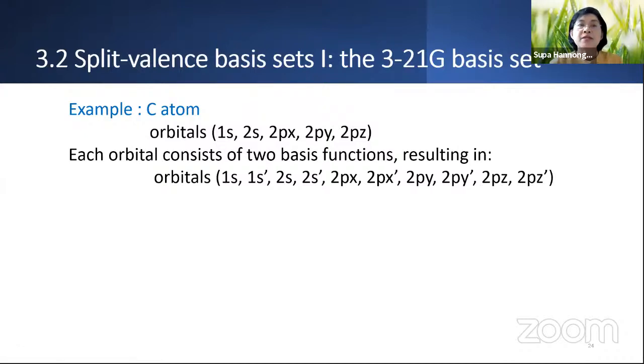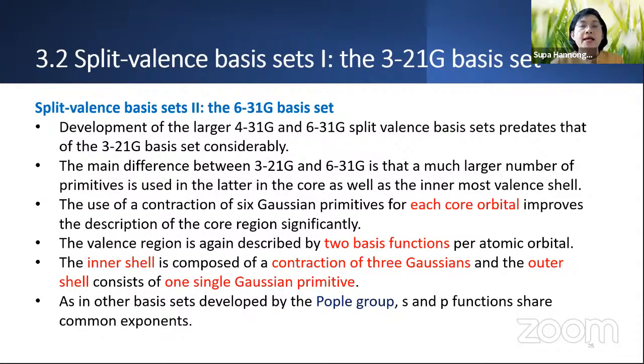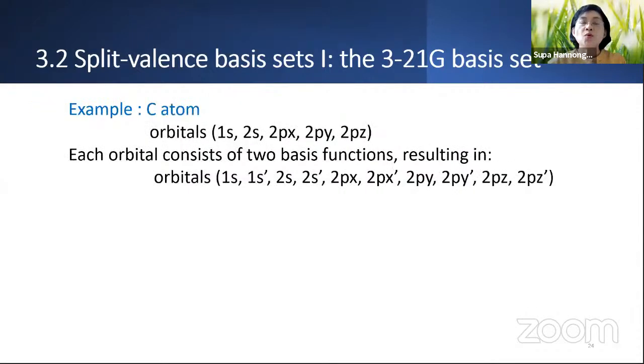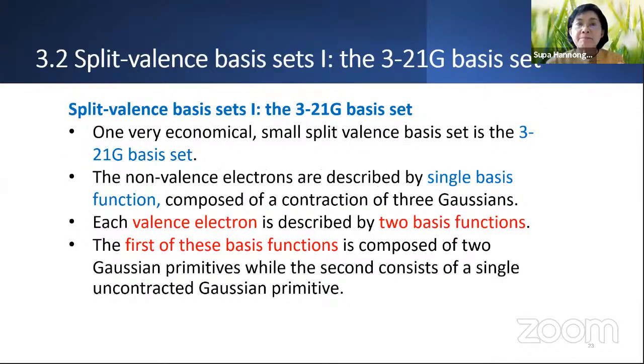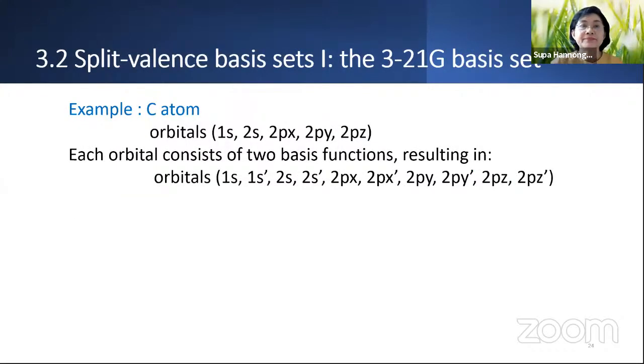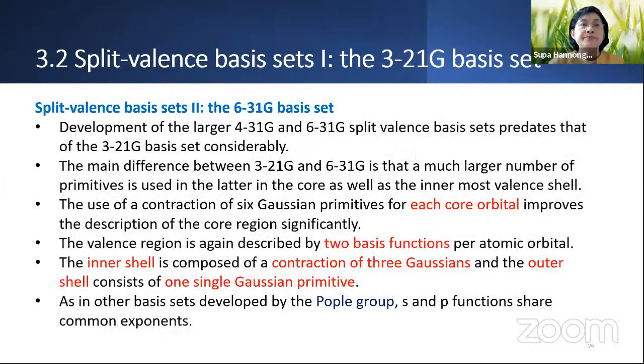So now we call it a split valence basis function. I think you may try to understand step by step, from STO to GTO to contracted GTO, to the STO-3G, and right now we introduce the 3-21G basis set, and we consider only valence electrons that have 2 basis functions. Step by step.